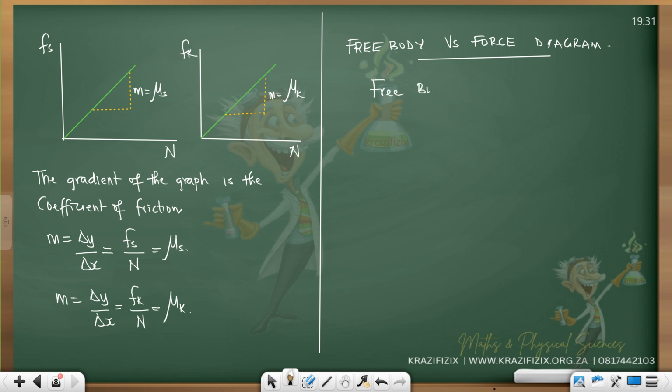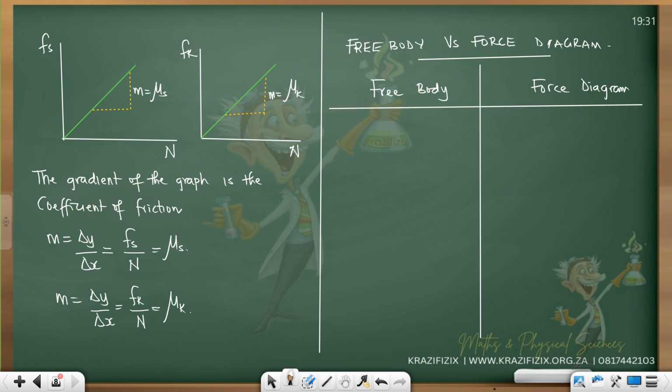Let's see if we can use a table form. For a free body diagram, we use a dot to represent the object.